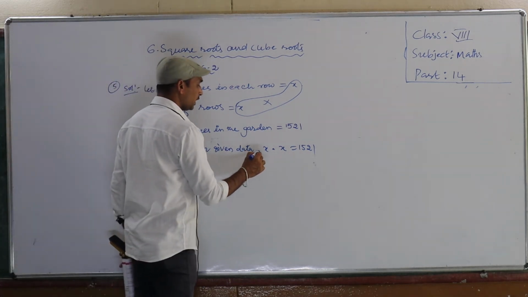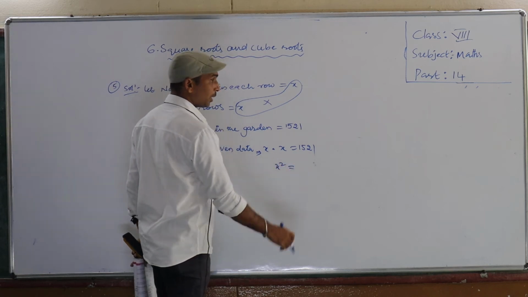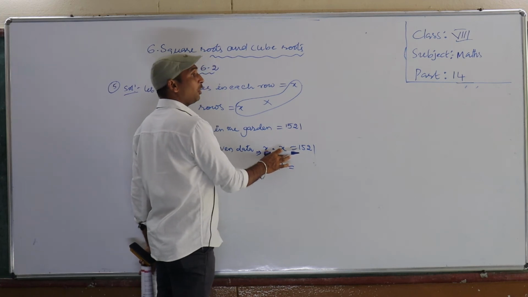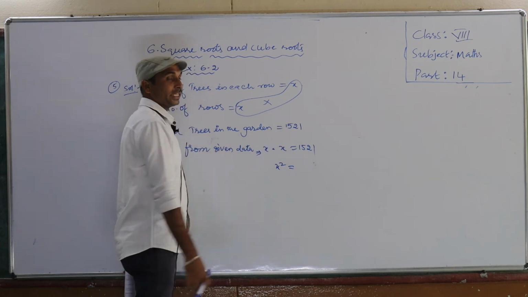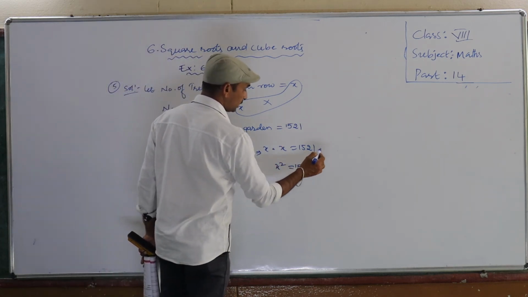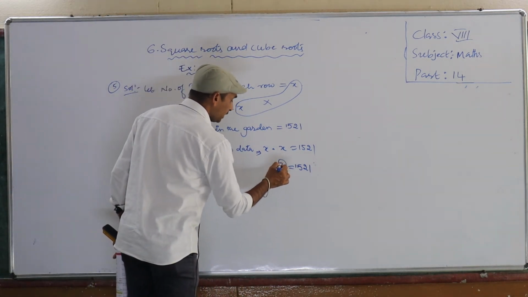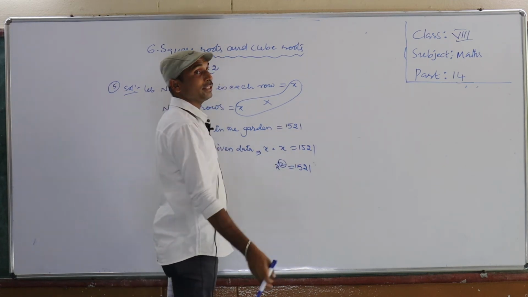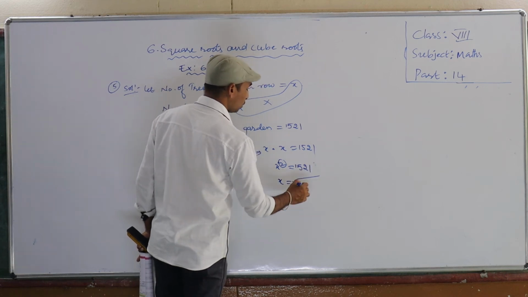Children, x into x is x squared from algebra: when we multiply two variables, the powers are added, 1 plus 1 is 2, so x squared equals 1521. This power 2, when transposed to the right side, becomes the square root.